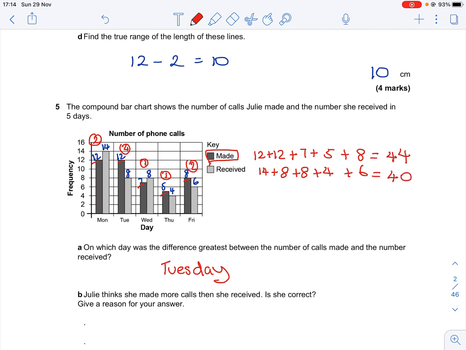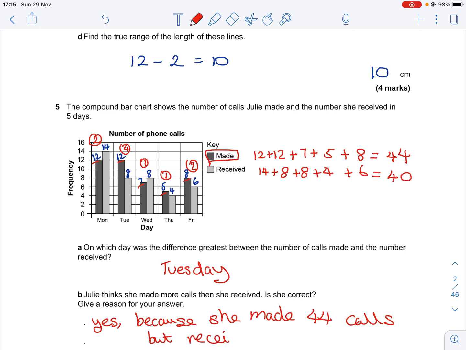So the question asks, Julia thinks she made more calls than she received. Yes, she is correct, because she made 44 calls but received 40 calls.